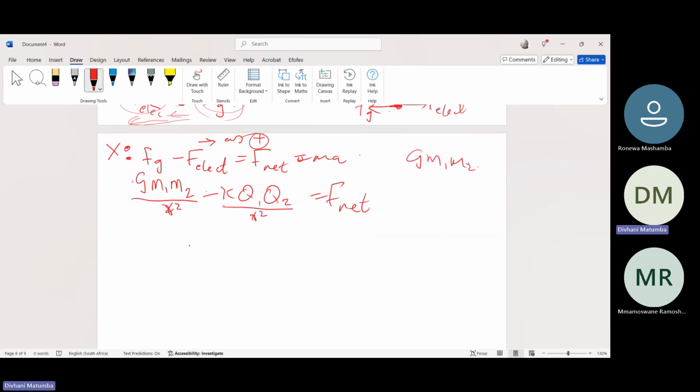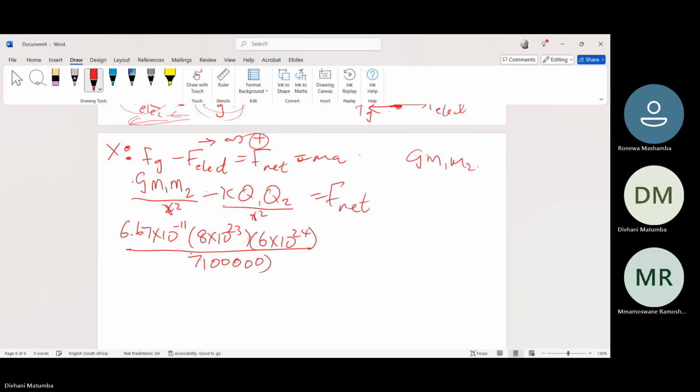Now we're going to have 6.67 times 10 to the power of minus 11 times the other mass, 8 times 10 to the power of 23, times 6 times 10 to the power of 24, divided by 7,100,000 squared, minus K, which is 9 times 10 to the power of 9, times Q1.